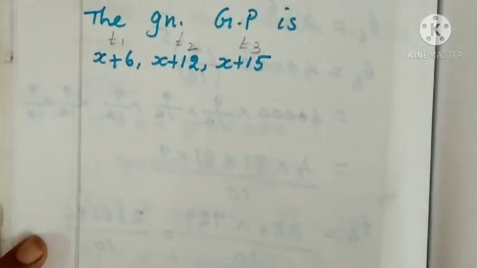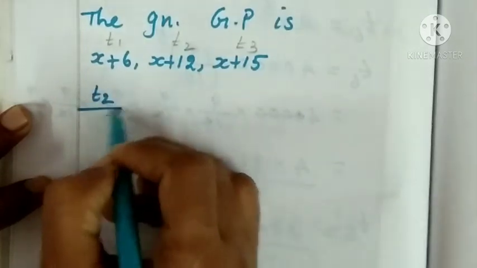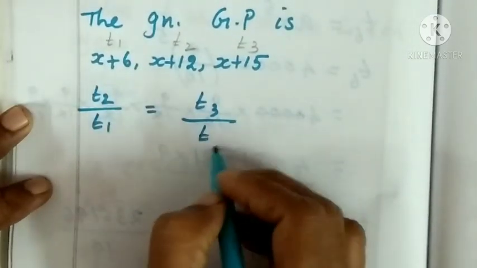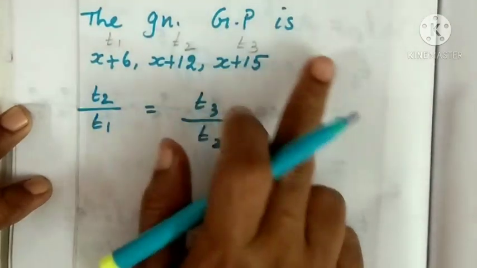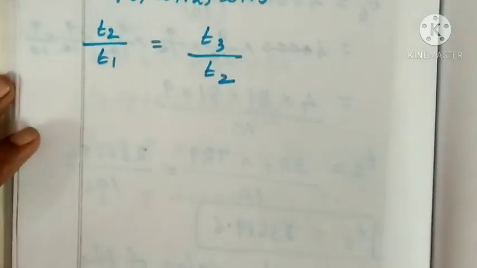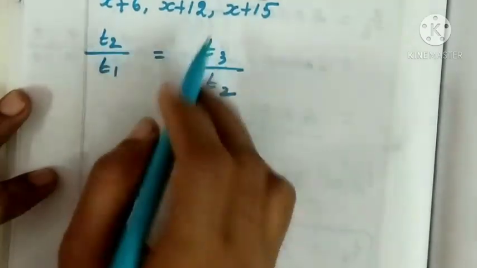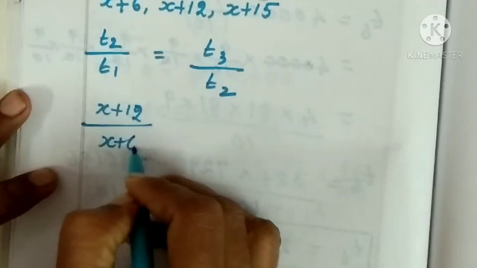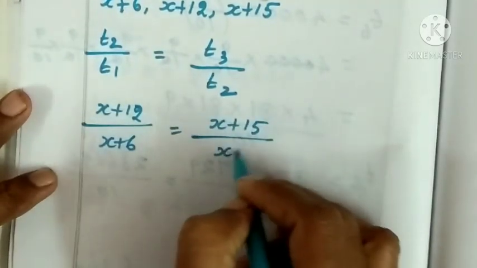We know that in a GP common ratios are equal. Therefore, T2 by T1 is equal to T3 by T2 because the given sequence is in GP. Now substitute the given terms: x plus 12 by x plus 6 is equal to x plus 15 by x plus 12.